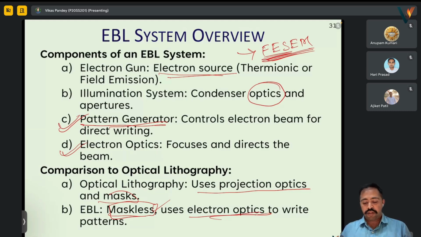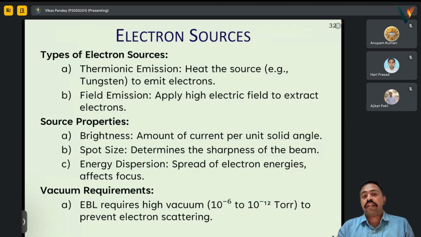So what are the different sources of electrons that can be used? We talked about sources of photons or sources of light in the case of photolithography. In the case of EBL, or electron beam lithography, we will talk about the source of electrons. It can be of two types.